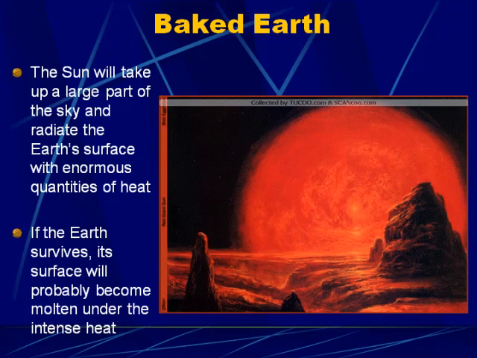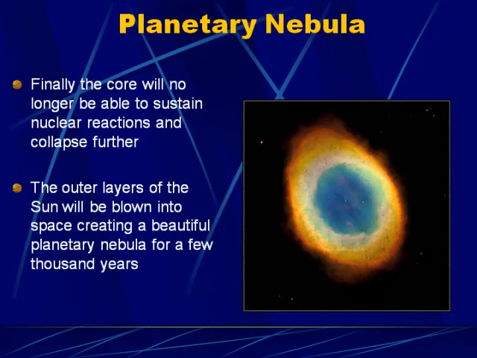Even if the Earth were not consumed by a red giant sun, the sun's increased amount of energy generation would have long ago destroyed the atmosphere and really created a molten surface. So even if Earth survives, it'll probably be a molten ball due to the intense heat from the sun.